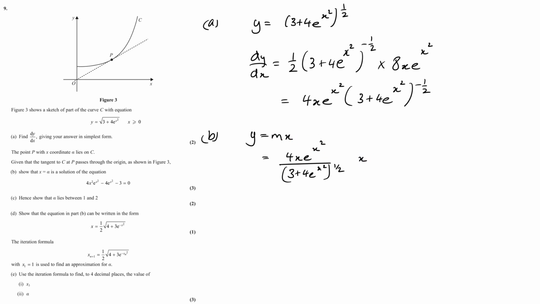Now y is here, isn't it? So y is also (3 plus 4e to the x squared) to the power of half.